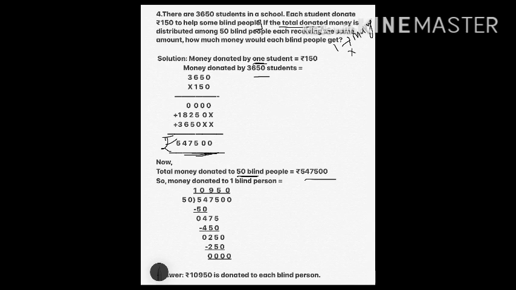Now how much money will one blind person get? Again, you have the value of many and you have to find one, so you will divide 5,47,500 by 50 and you will get the answer. 10,950 is donated to each blind person.